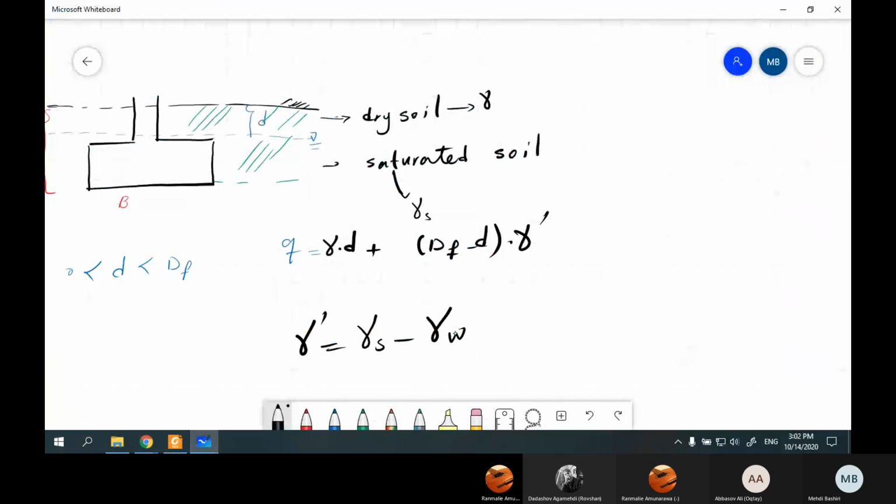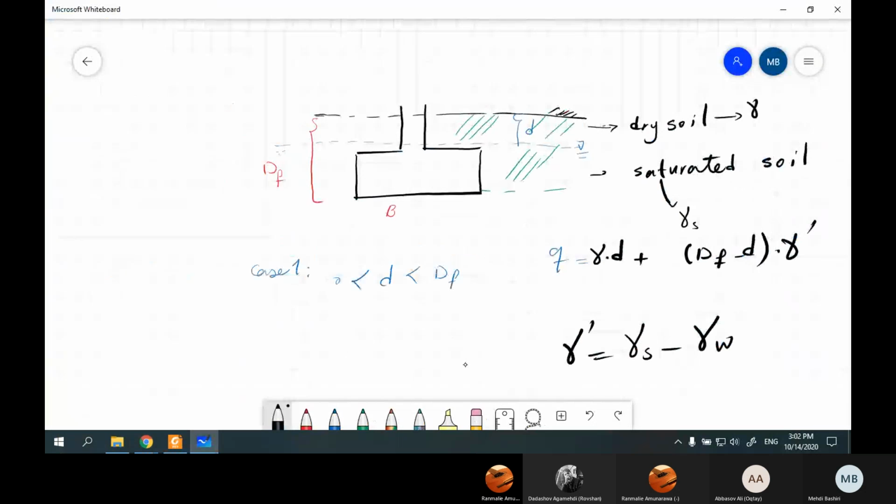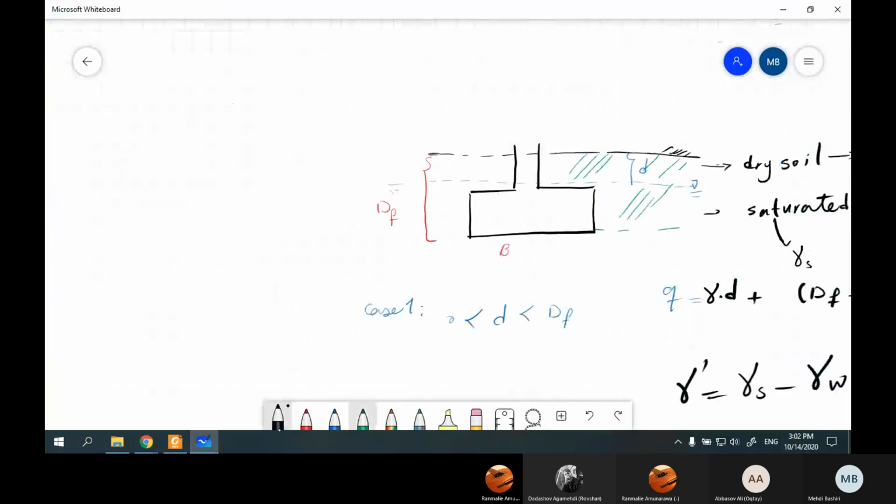Let me explain it again. The weight of the soil, q, above this level, in a normal situation, what was q? Gamma Df.